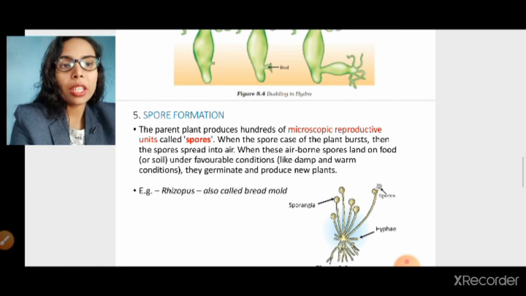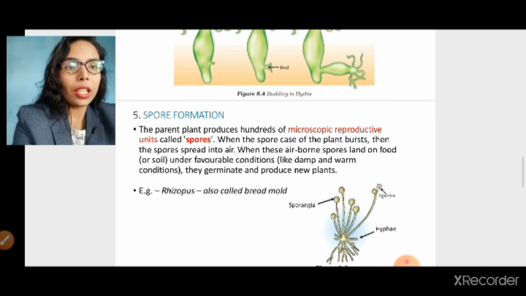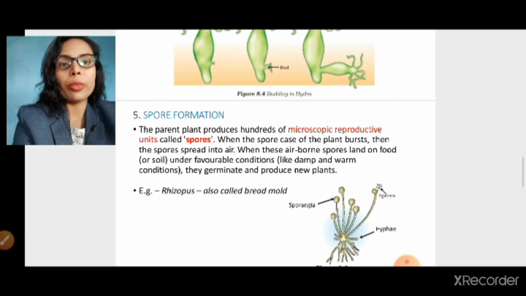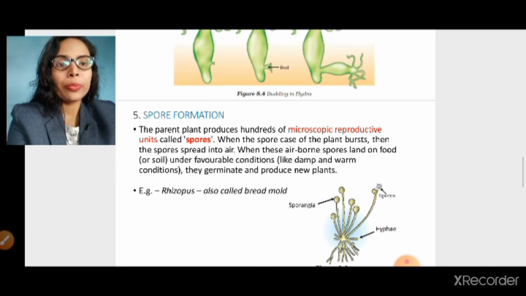When the spore case of the plant bursts, the spores spread into the air. When these airborne spores land on food or soil under favorable conditions like damp and warm conditions, they germinate and produce new plants. Example, Rhizopus, also called bread mould.